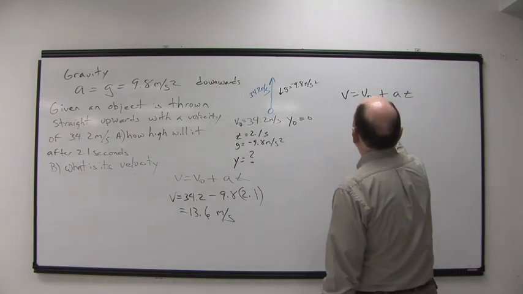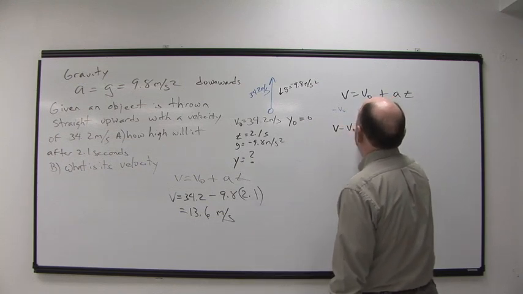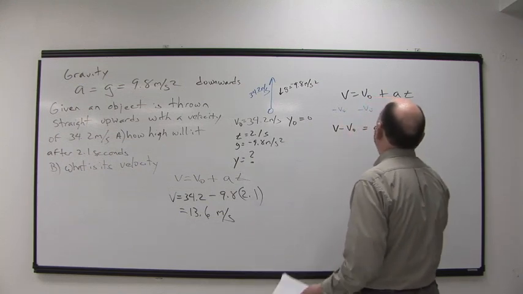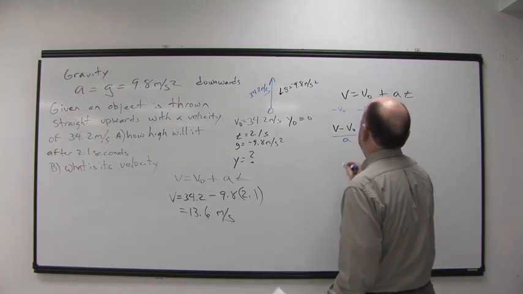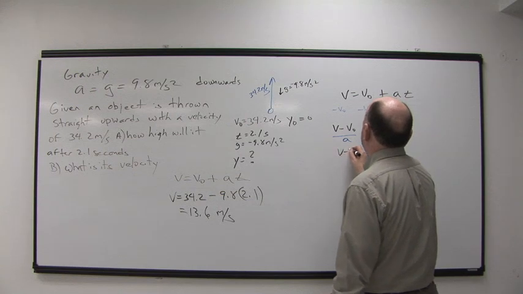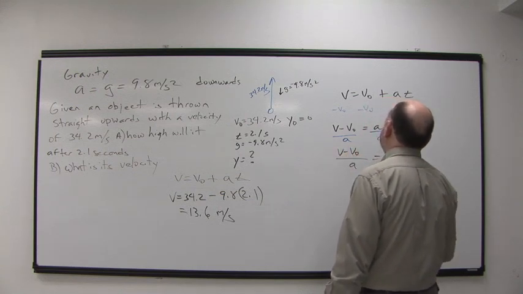So minus v naught, you get v minus v naught equals at, divided by a, and we get v minus v naught over a equals t.